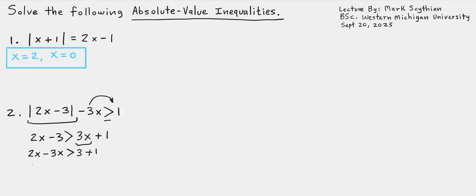So compute. We're left with negative x is greater than 4, but because we're dealing with the absolute value function, we can just simply reverse the sign and the inequality, so we get x is then less than negative 4.